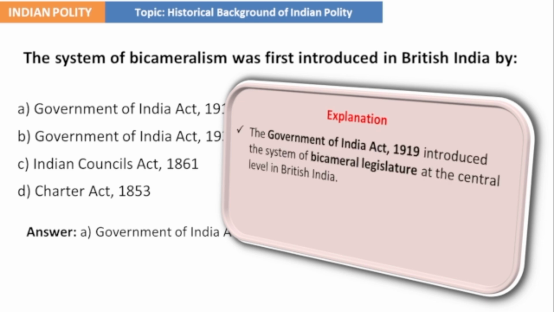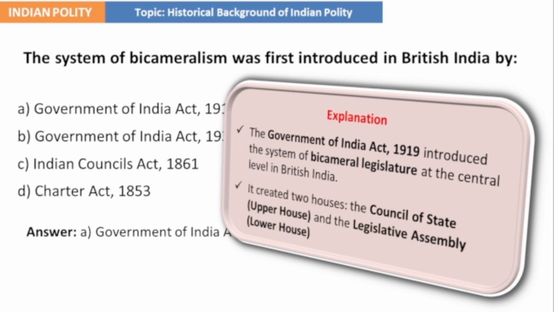The Government of India Act 1919 introduced the system of bicameral legislature at the central level in British India. It created two houses, the Council of States, that is known as Upper House, and the Legislative Assembly, known as Lower House.